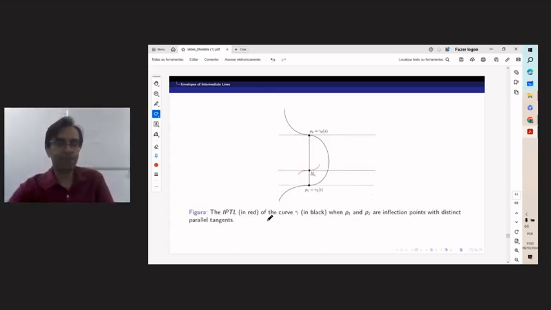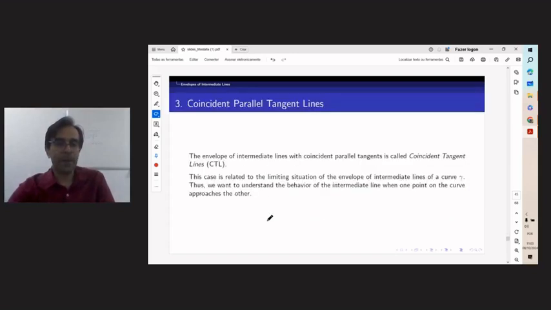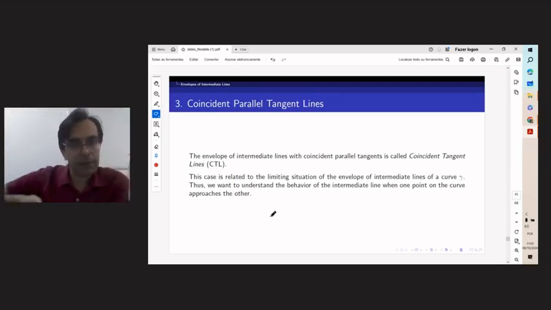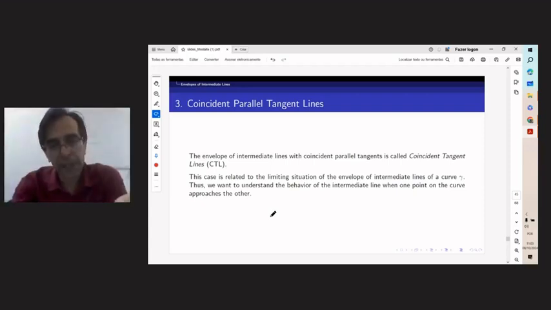Well, in the third case, just remember in the case of midline, the third case, the midline was the affine normal line, but in our case, the intermediate line is the tangent line at the points, and the envelope of the intermediate line in the third case is the curve gamma itself.